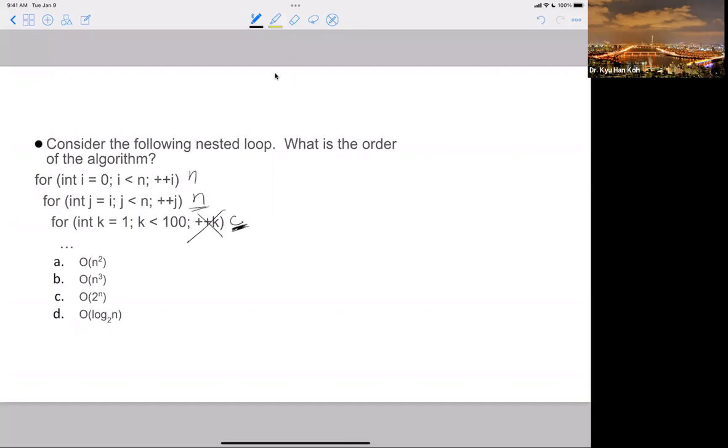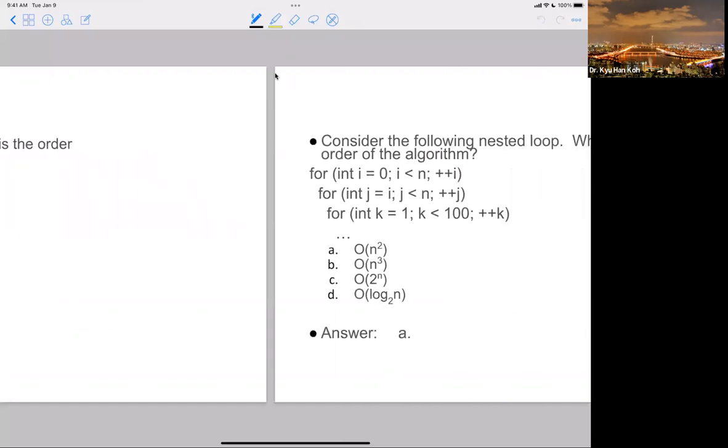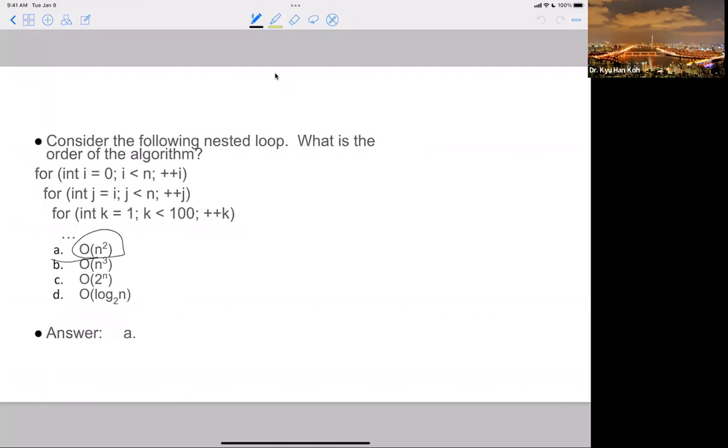Then n times and n times, that is big O n square, right? If it is not 100, if it is n, then it will be n cube, but this is constant. So how many operations will it do? Like 100 n square, but as we said, we don't care about the constant, so we just drop this one.